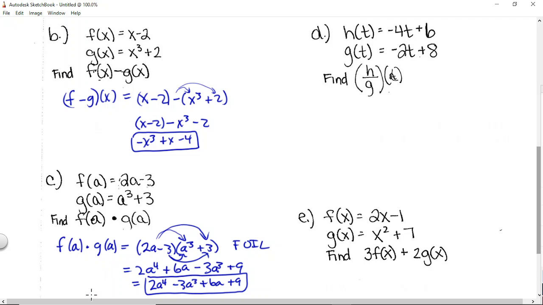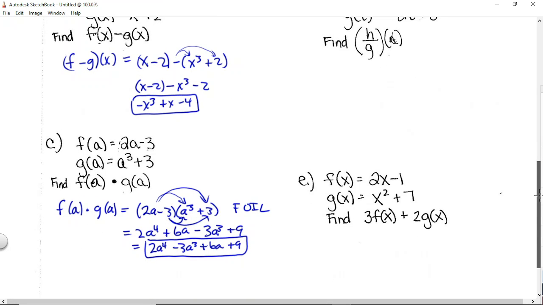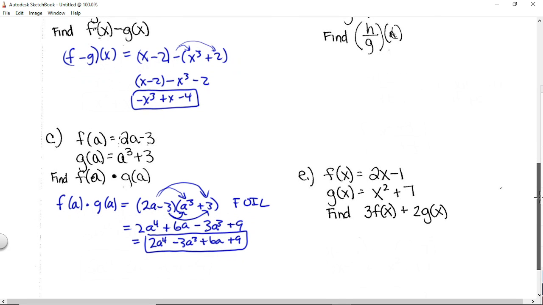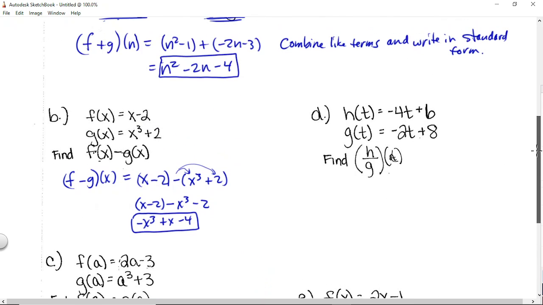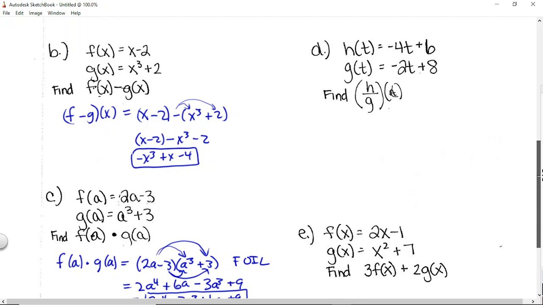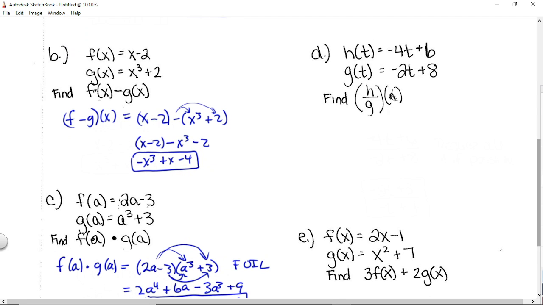Okay, I think we have just one more. Oh wait, I've skipped one. We have two more. Let's do D. It's a quotient. We're supposed to find h over g of t.